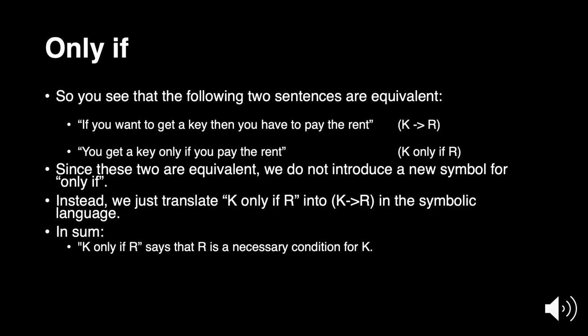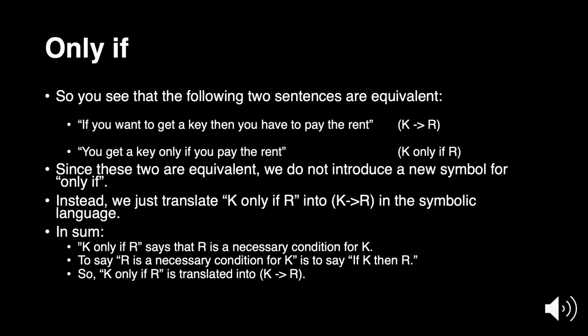K only if R says that R is a necessary condition for K. To say R is a necessary condition for K is to say if K, then R. So, K only if R is translated into K arrow R, which is a symbolization of if K, then R. Okay, so all you have to remember is that only if is used to indicate a necessary condition for something.